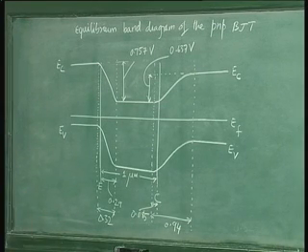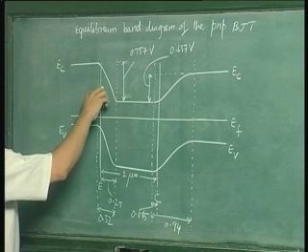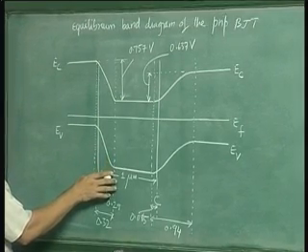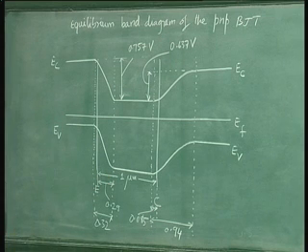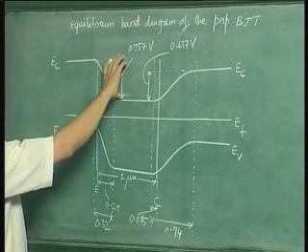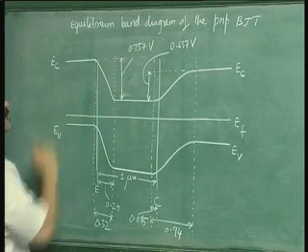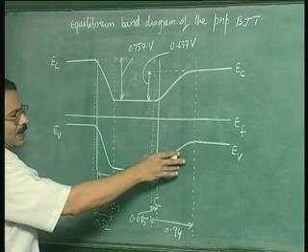Now when the device is operating as a transistor, as we said, the voltage across emitter base junction would be such that it is forward biased. So for example, we have assumed a forward bias of 0.65 volts. So when you want to draw the energy band diagram under forward bias for the emitter base junction, please note that this height will reduce from 0.757 to 0.757 minus 0.65, and similarly the collector base junction may be reverse biased.